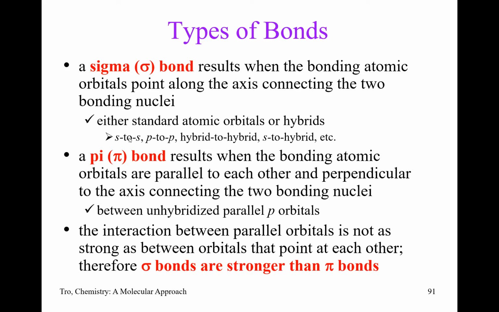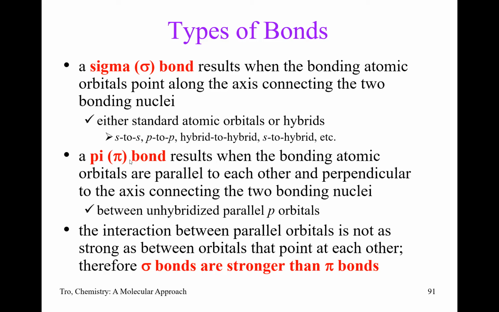So if you have S that aren't hybridized, like hydrogen, P, we'll see these coming up. Any 2 hybrids, or like water or methane, where you have a hydrogen that only has an S and then a hybrid one. Any 2 orbitals, any combination you can think of. So the sigma is pretty straightforward. It's the pi bond that's a touch more confusing and has a different geometry to it. And we'll see the pictures and the geometry coming up on the next slide.